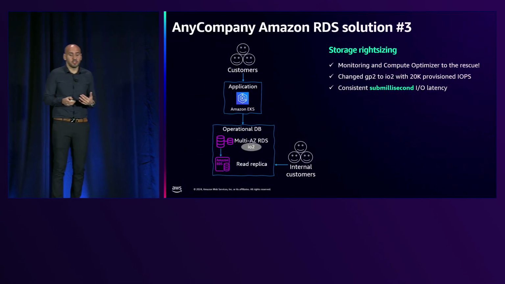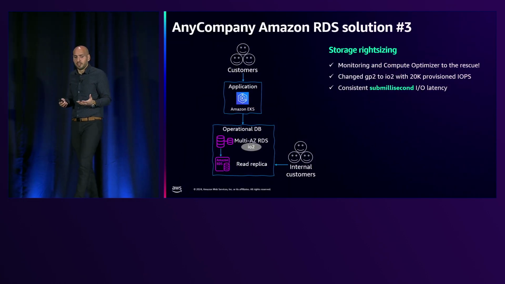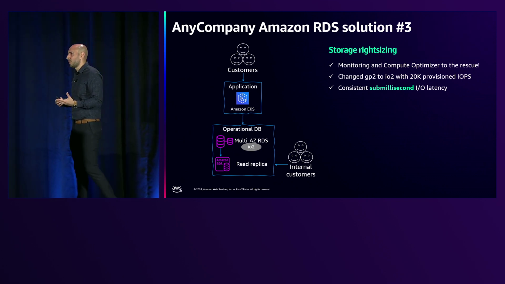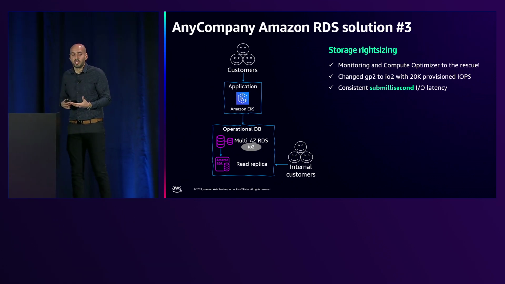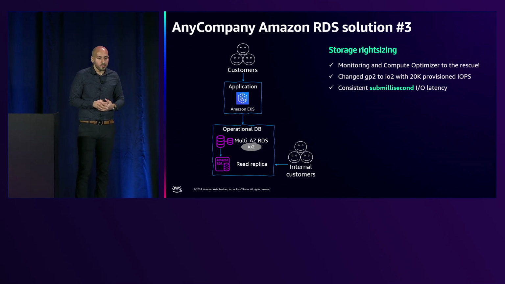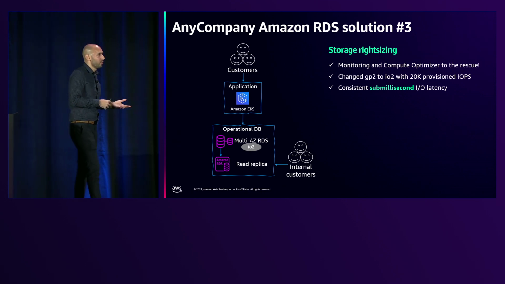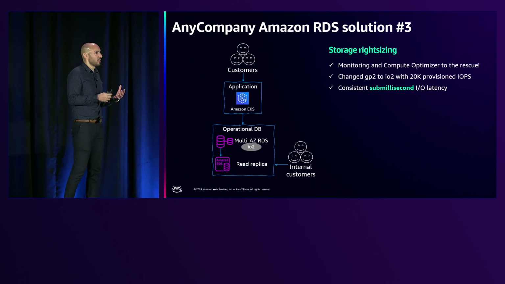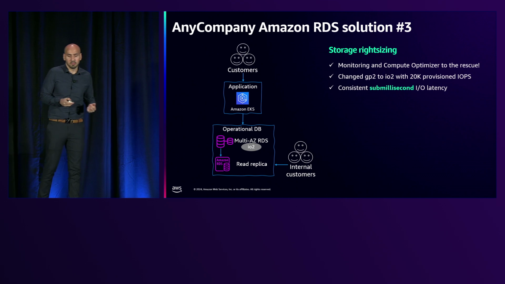So the solution here was using storage right-sizing. In our case, moving from GP2 to IO2 Block Express was the right move because that provided the customer sub-millisecond IO latency. Using tools like CloudWatch, Performance Insights, and Compute Optimizer helps you understand when and where adjustments are needed.